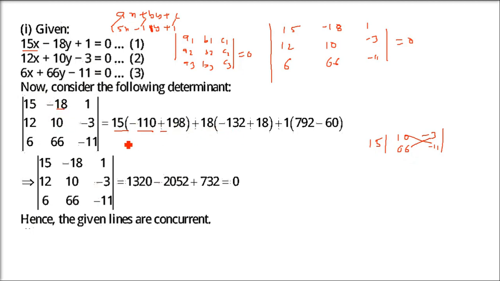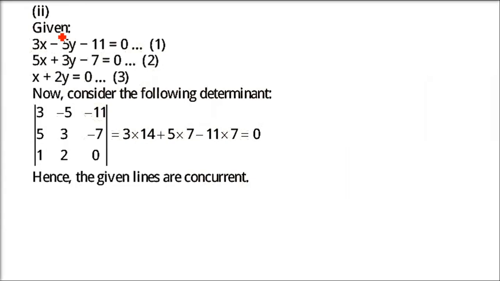Same thing you have to do for minus 18: minus 18 becomes plus 18, and then you leave that row and column. 12, 6 and minus 3 and minus 11 you are going to take. So 12 into minus 11 is minus 132, 6 into minus 3 is minus 18, minus becomes plus, and then you come to 1. When you come to 1, you take 12, 6 and 10, 66. So 12 into 66 is 792, 10 into 6 is minus 60, like this. So it will be 0.